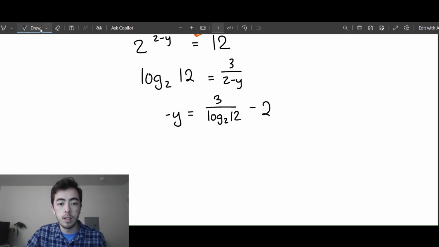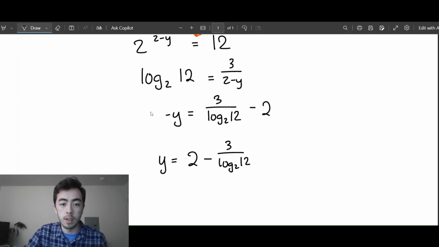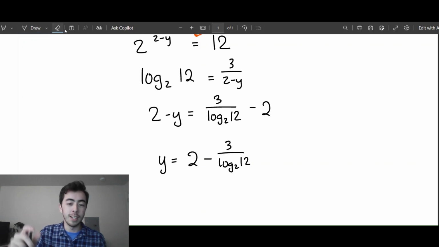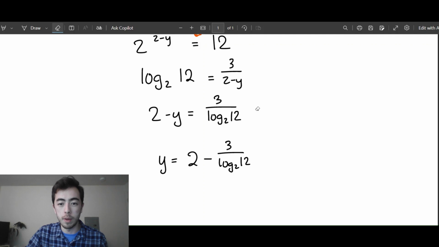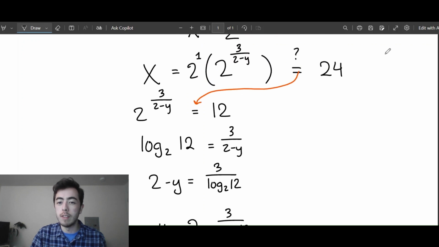And then, you know what, I don't like having the negative y, so ultimately y is going to be equal to 2 minus 3 over log base 2 of 12. I'm doing the same thing from earlier, where negating something is the same as swapping the two terms. So this is equal to y according to this hypothesis.